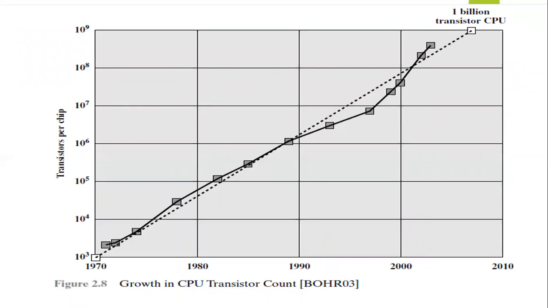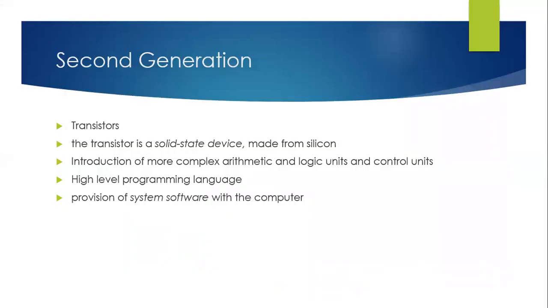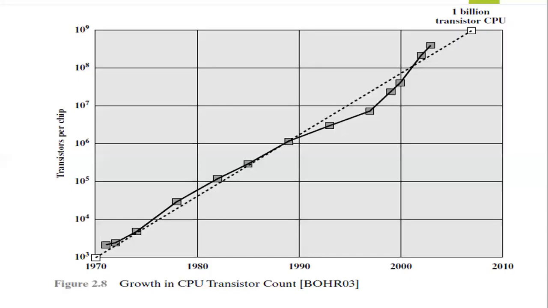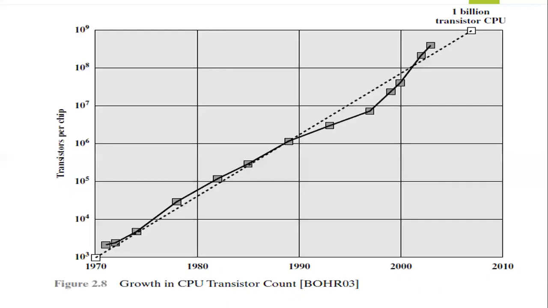Here you can see the graph of growth in CPU transistor count. See, in second generation computers, transistors were used, and as time goes by, the number of transistors is increasing.